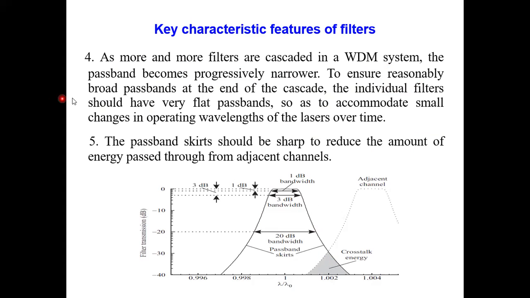To ensure a reasonably broad passband at the end of the cascade, the individual filters should have a very flat passband, to accommodate small changes in the operating wavelength of the laser over time. And the passband skirts should be sharp enough to reduce the amount of energy passed through from the adjacent channel.